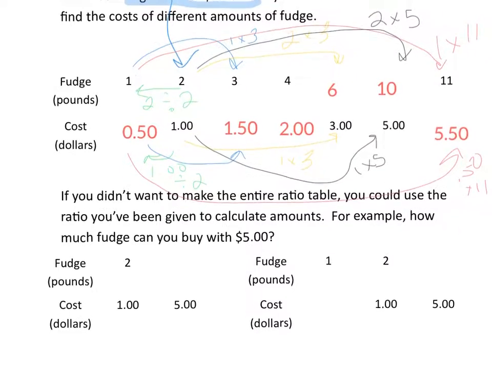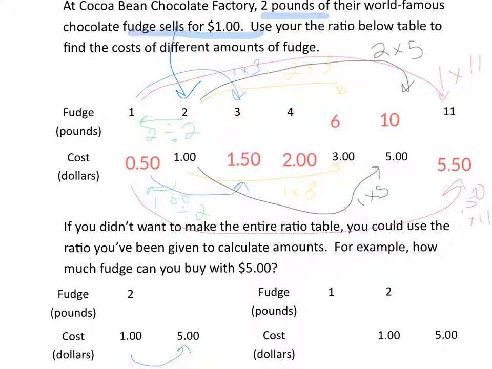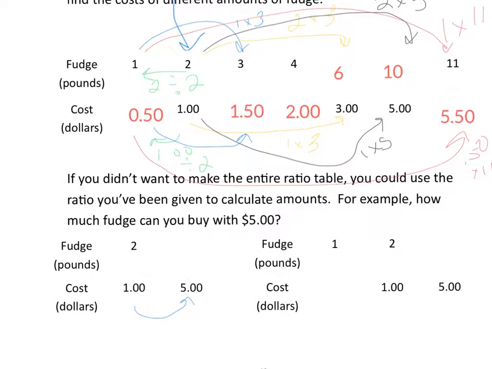Now, if we didn't want to make the whole ratio table, we could actually just use the ratios we were given to calculate the amounts, kind of the way we did up there, in noticing the relationships. So we see that to get from 2, if we were just asked, here's the problem. At Cocoa Bean Chocolate Factory, 2 pounds of their world-famous chocolate fudge sells for $1. How much fudge can you buy for $5?